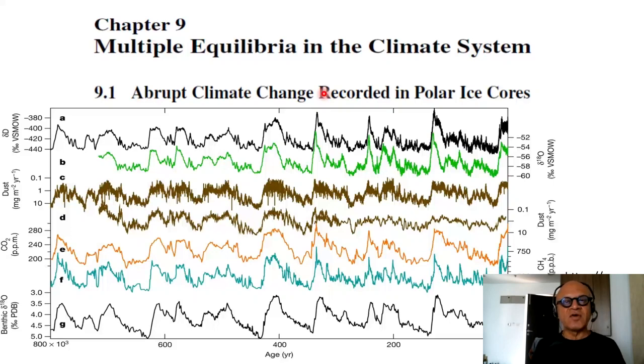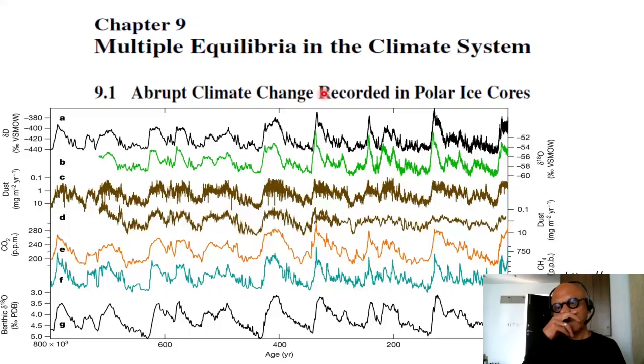the climate system. Obviously, the multiple equilibria directly relates to the Lorenz model, the Lorenz-Stommel model that we looked at, where the system without any external forcing, just due to internal dynamics, can jump from one state to another rapidly and then jump back.